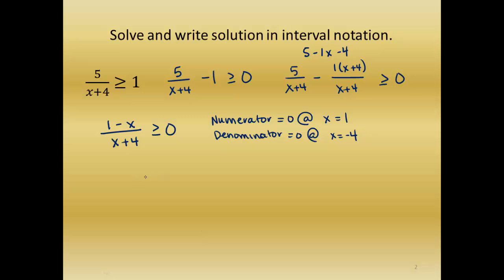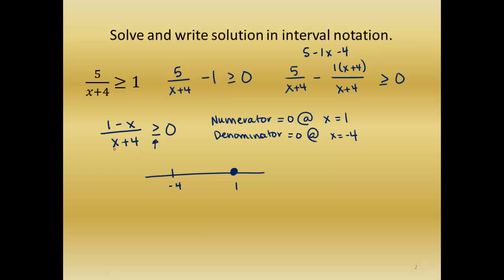So I'm going to draw a number line, and I'm going to place on it negative 4 and positive 1. Now when our numerator is equal to 0, that's okay, because I'm allowed to be equal to 0 because of this symbol right here. So on 1, I'm going to put a closed circle.